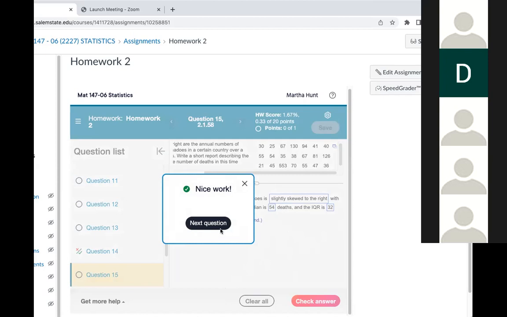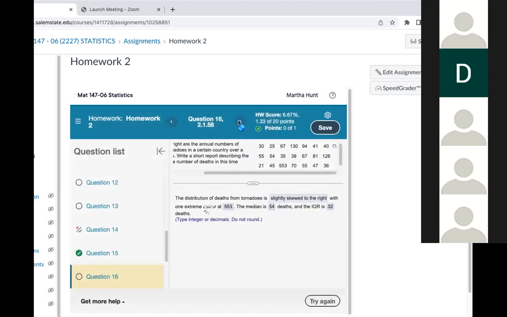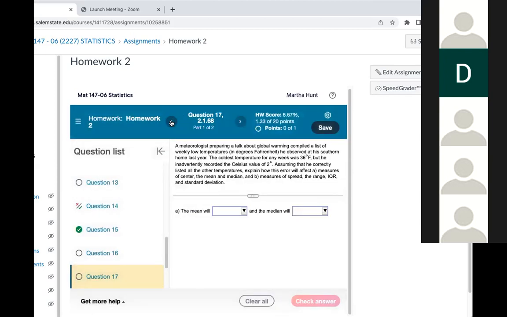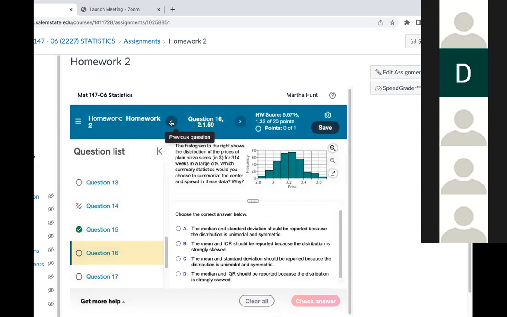When you think about it, if the high outliers are on the right, then it is skewed to the right. If the outliers are on the left, if there's small outliers, then it is skewed to the left. Okay. And did you notice the IQR was only 32? It was a very narrow box.